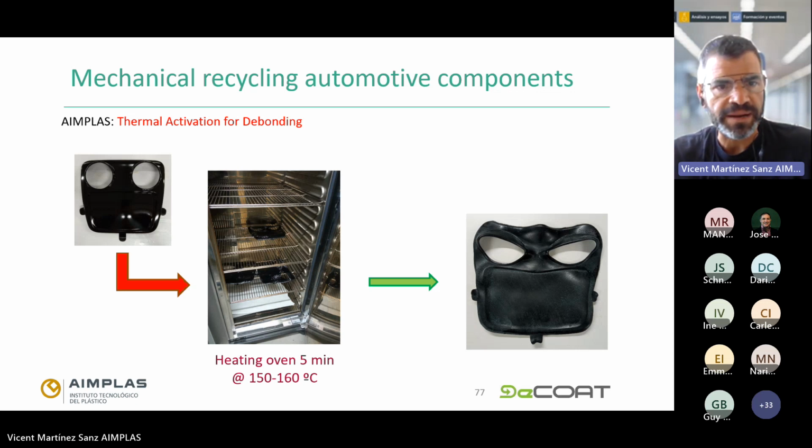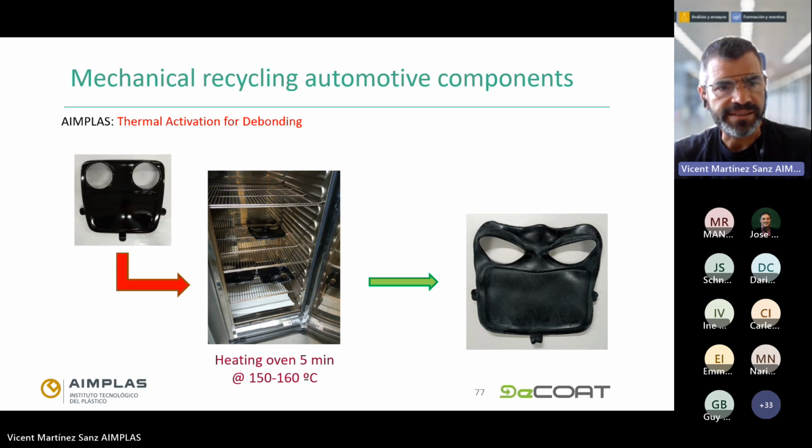After this thermal activation, the coating layers can be removed, actually peeling off the plastic substrate. So at the end, the whole plastic part is free of these paint coating layers.